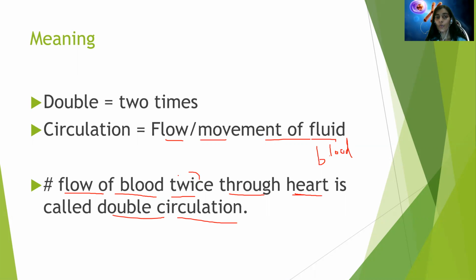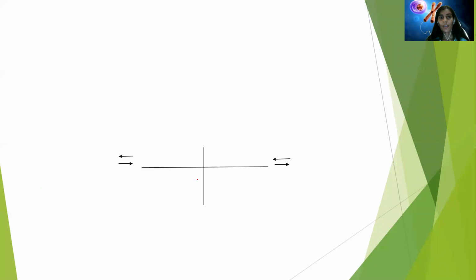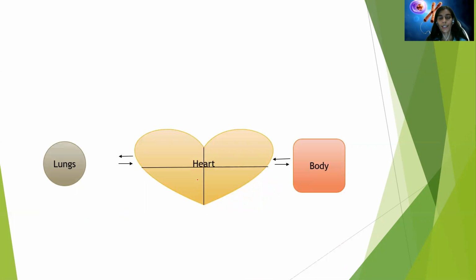Why two times? Why is the blood flowing twice through the heart? Simple thing is, as we know, oxygen is present at the lung side, and the body is producing carbon dioxide by the process of respiration, right? This oxygen is needed by the body for respiration, and carbon dioxide is produced as a byproduct.